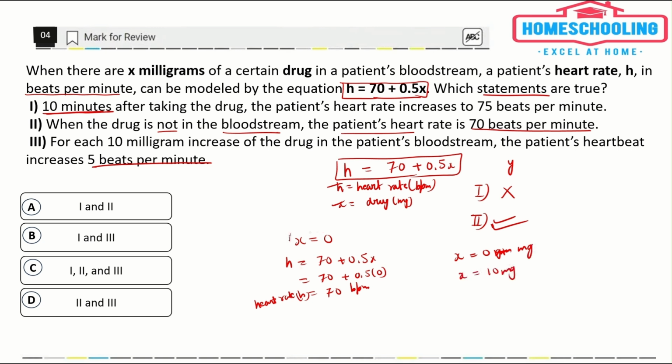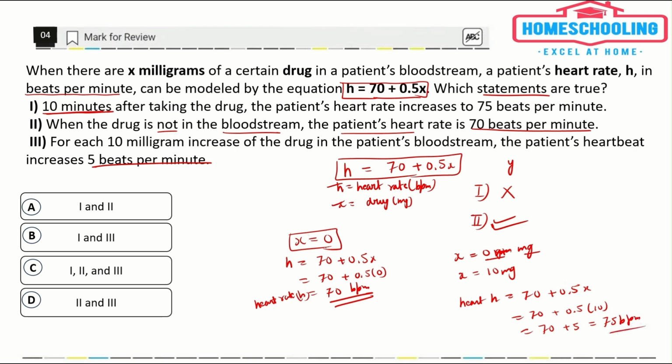We already found the heart rate when the drug is 0 milligram, that is 70. Now let's find the heart rate when the drug is 10 milligram. Heart rate H is equal to 70 plus 0.5x. Instead of x, that is drugs, we will put 10. So 70 plus 0.5 times 10, that would be 5. So 75 beats per minute.